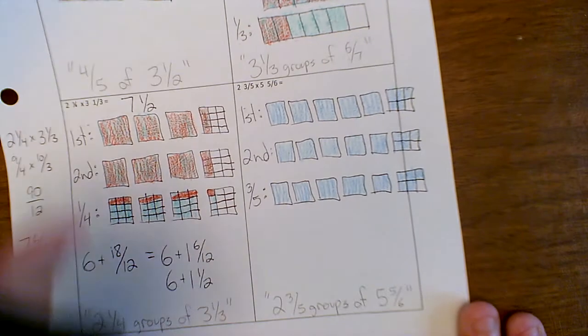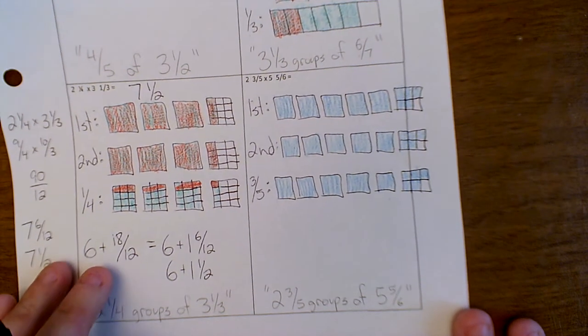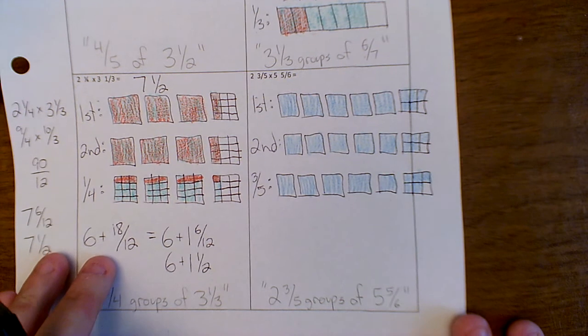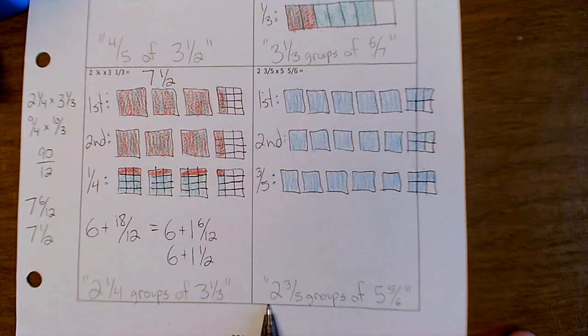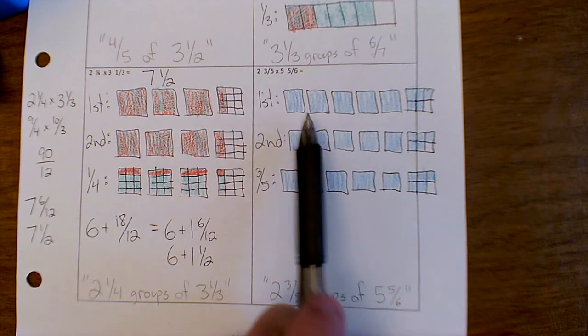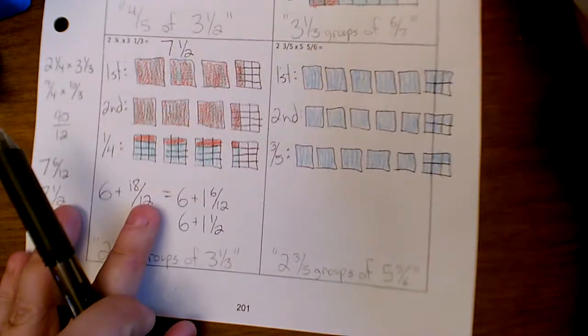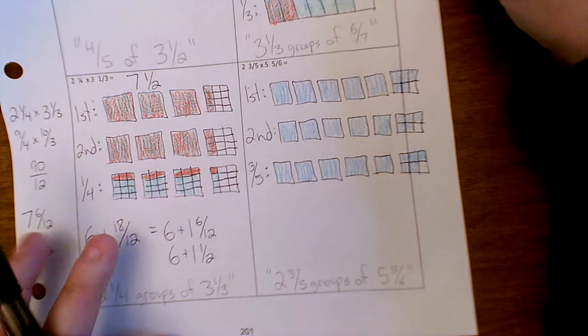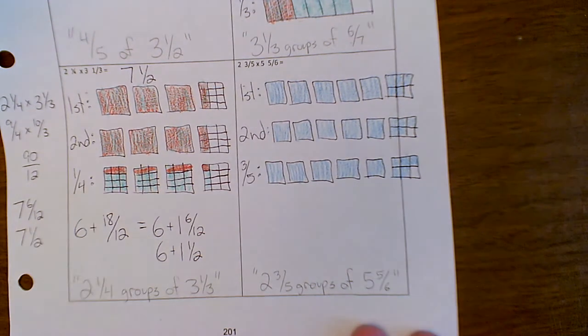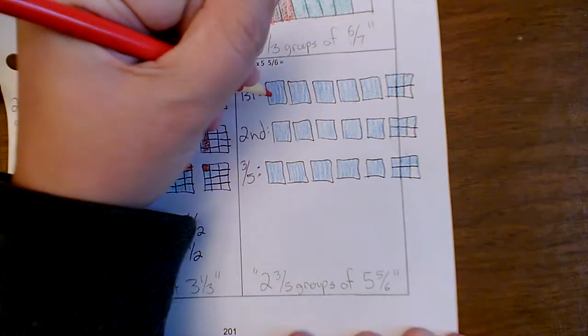And then finally, we have 2 3/5 times 5 5/6. So we need 2 3/5 groups of 5 5/6. So again, I've already drawn out what 5 5/6 will look like. So we need 2 full groups and then 3/5 of another group.